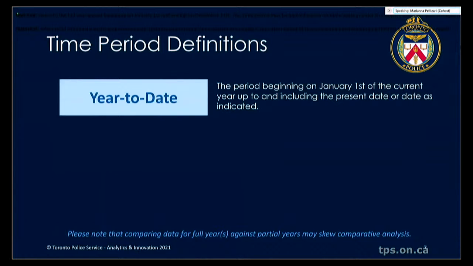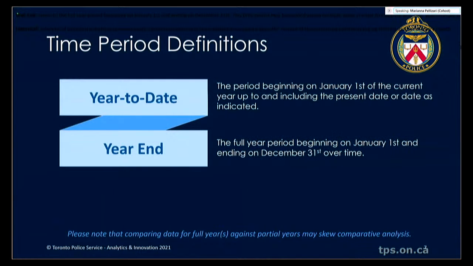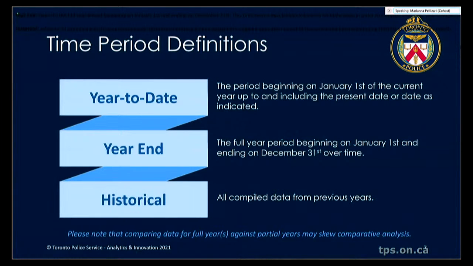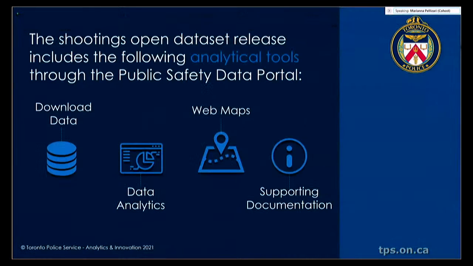The same time period may be applied across multiple years in order to determine trends over time. The year-end time period refers to the full year period beginning on January 1st and ending on December 31st. This time period may be applied again across multiple years in order to compare year-over-year changes and trends over time. And finally, the historical time period refers to all available data from previous years.